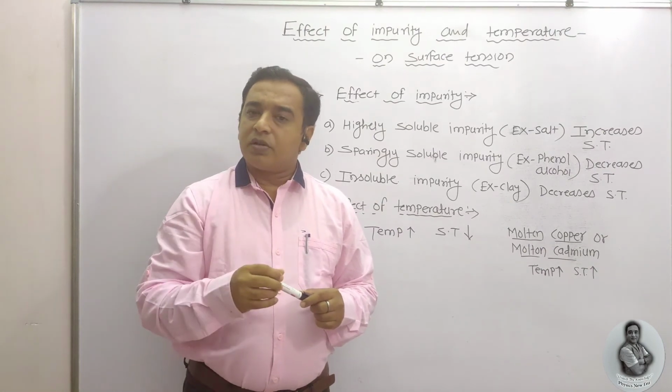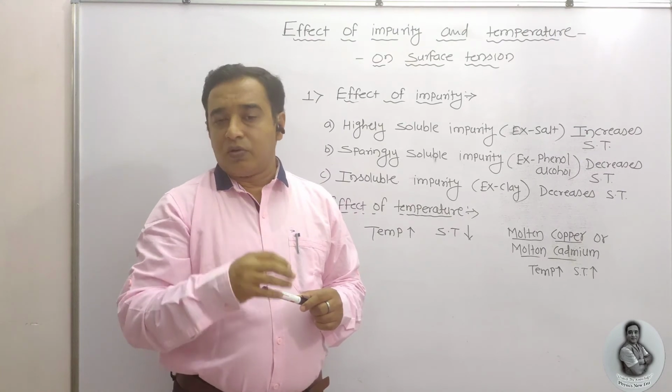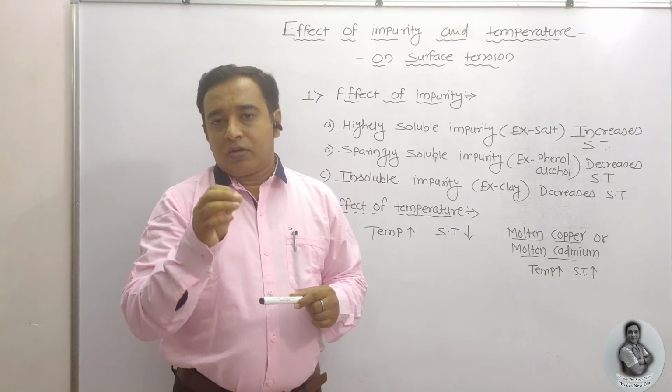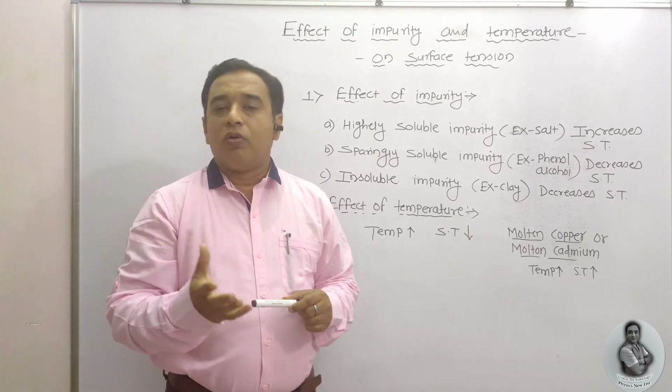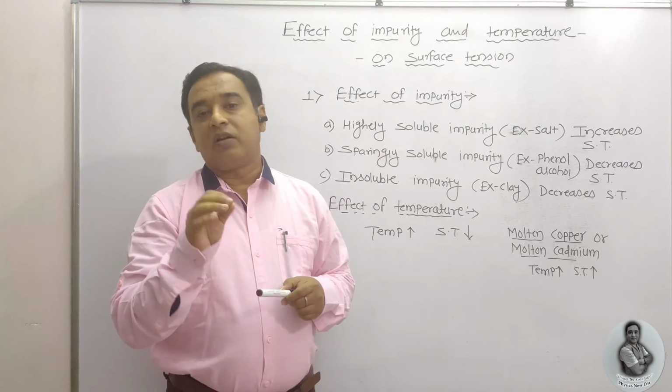Now, at a certain temperature, is there any temperature where the surface tension is equal to 0? Yes. A particular temperature at which surface tension is equal to 0 is known as the critical temperature of that liquid.